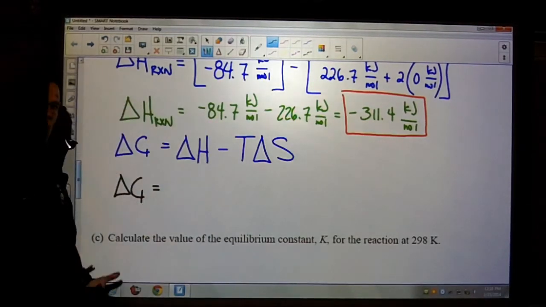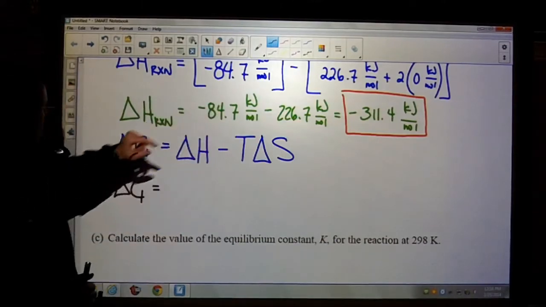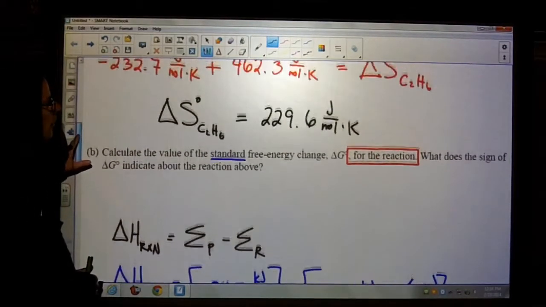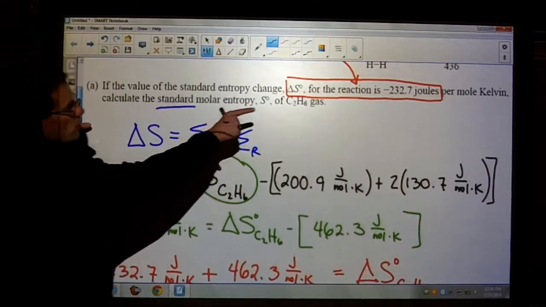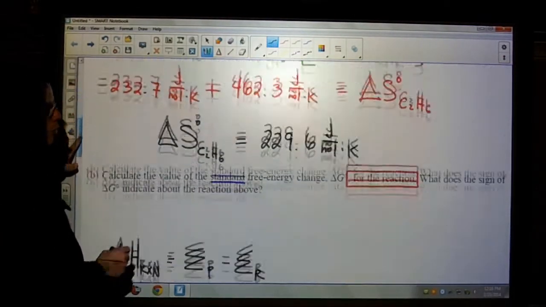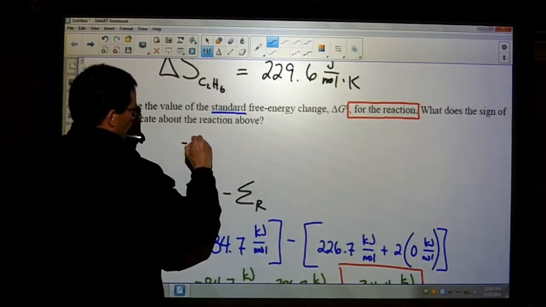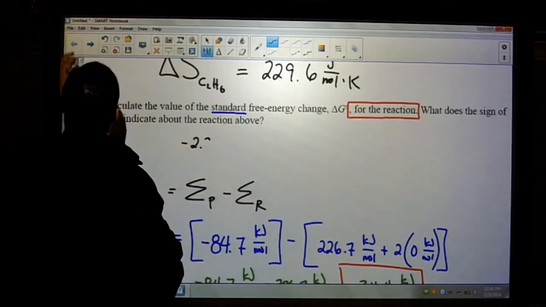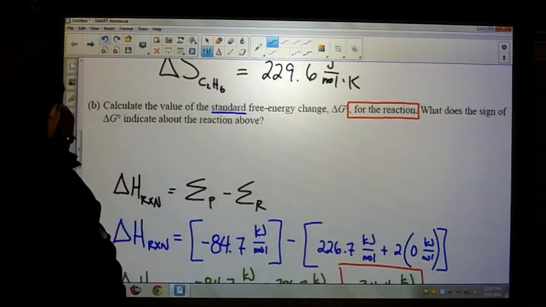Also, we have to have like units, so we need to change our delta S from up here. Let's go ahead and do that real quickly.